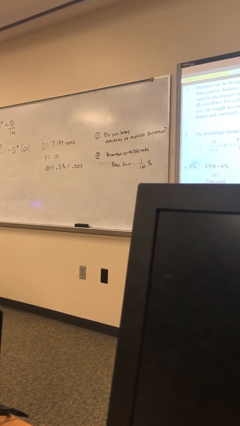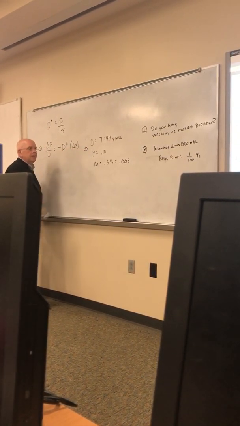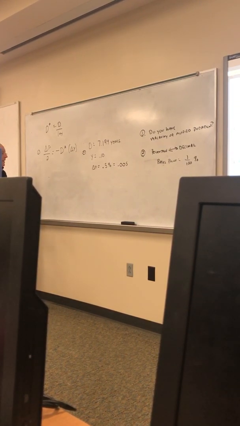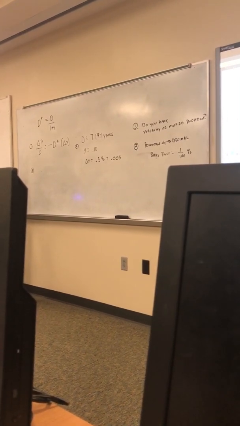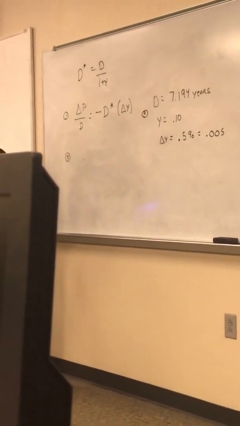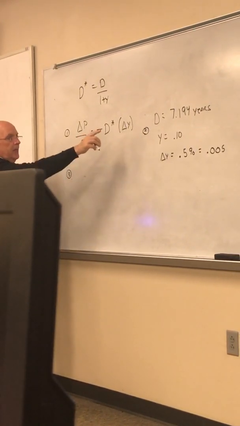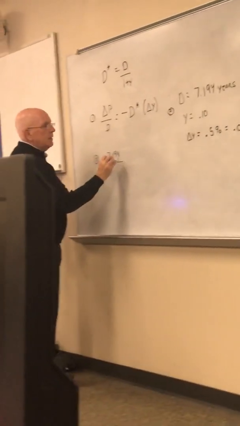Now, here's my formula. Here's my arguments list. Here's my setup. My first step is to take my duration and calculate modified duration. My duration is 7.194.